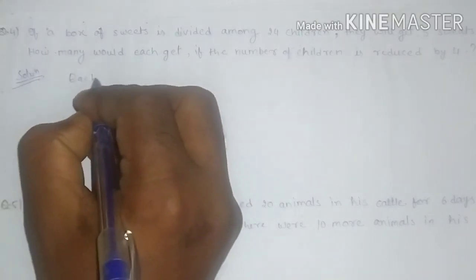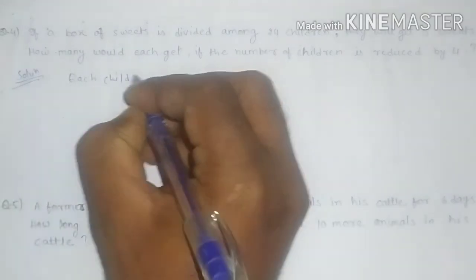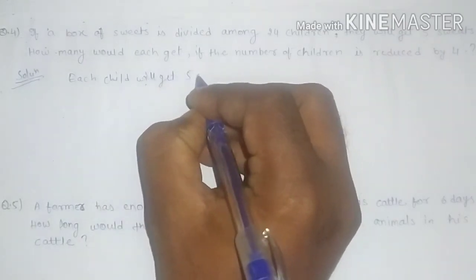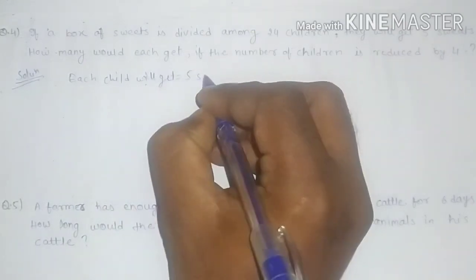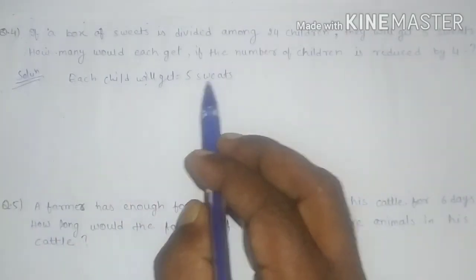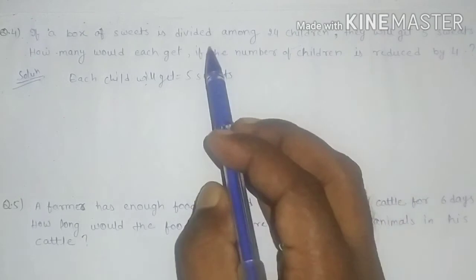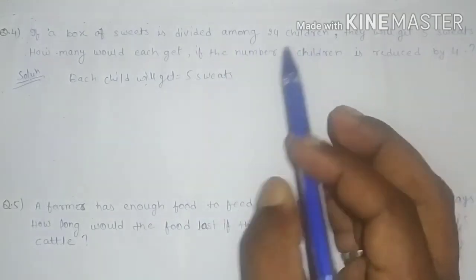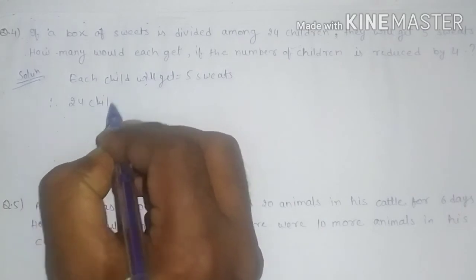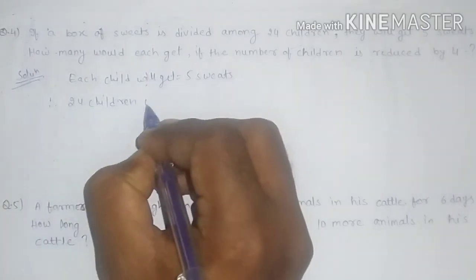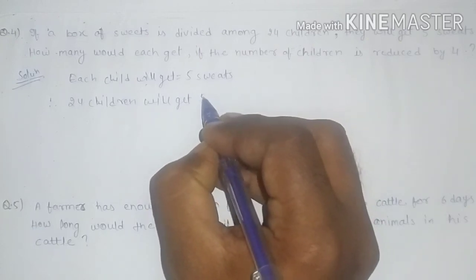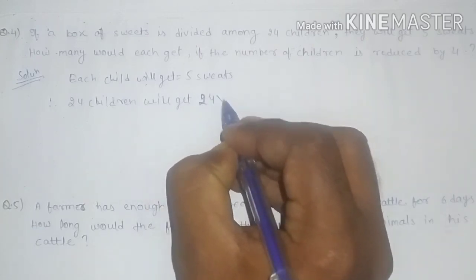So it is given each child will get 5 sweets. Each child will get equals to 5 sweets. So in this question there are 24 children. So 24 children will get 24 into 5 sweets.